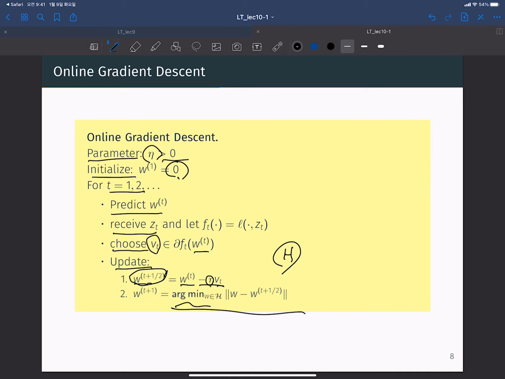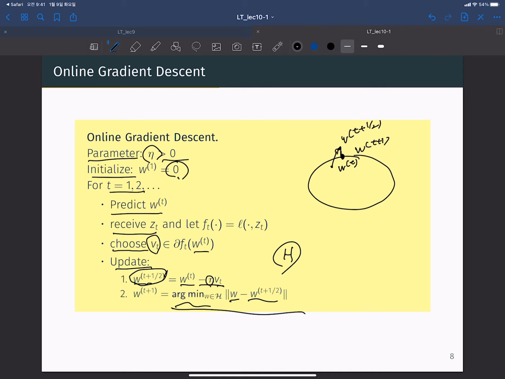So we basically find the point inside the hypothesis class that has the minimum distance to w_{t+1/2}. Okay, so when we have this limited space, and from w_t, if our w_{t+1/2} goes outside, we have to project this point to this boundary. That is w_{t+1}.